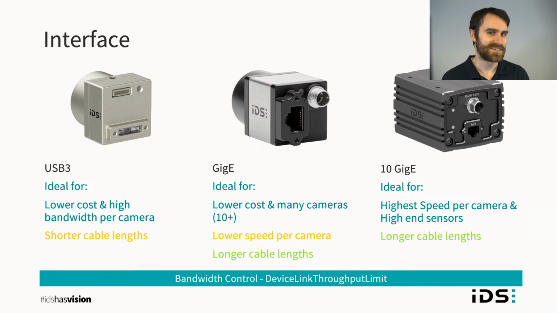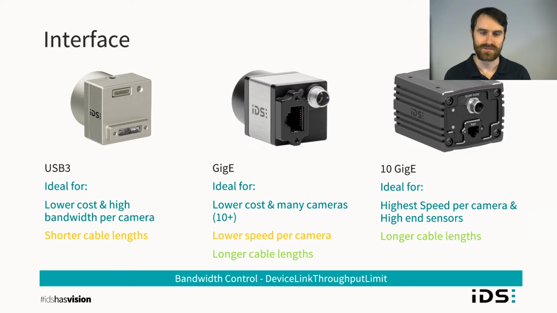Now, each interface is better for some cases and others are better for others. There's no denying that. USB 3 would be ideal for lower cost cameras but higher bandwidth per camera, as long as you can deal with the shorter cable lengths. GigE is ideal for a lower cost option again, and one with many cameras in a multi-camera application.